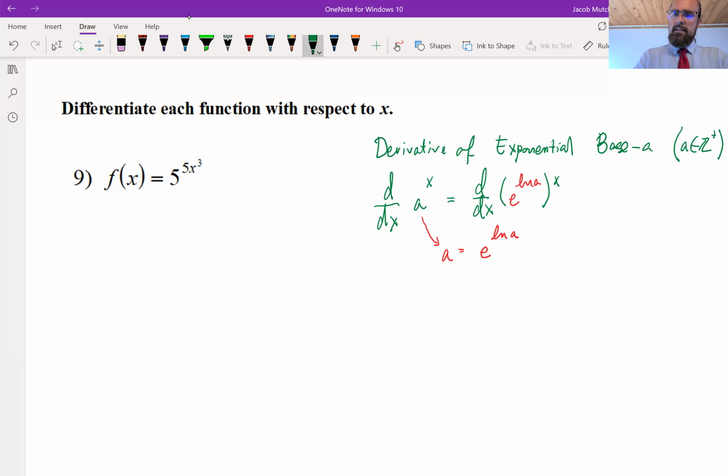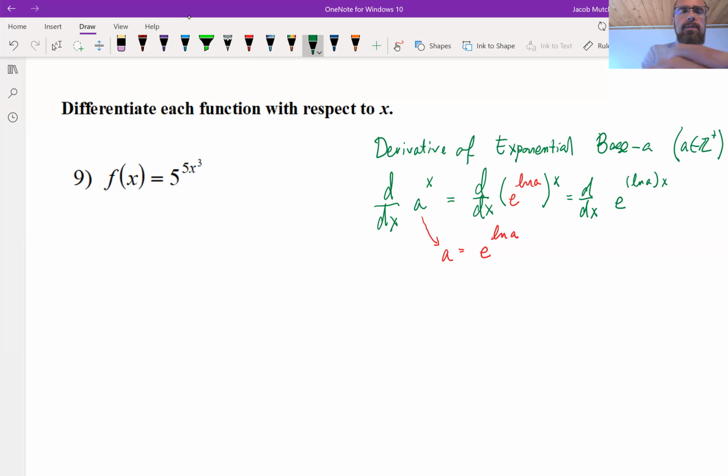So my next step, I want to apply the exponent rule, so that the x is going to multiply to the power ln of a. So we'll write d/dx of e to the power of ln a times x. Now we're ready to find the derivative of that. And it's nice because we already know the derivative of base e to the power of some variable.